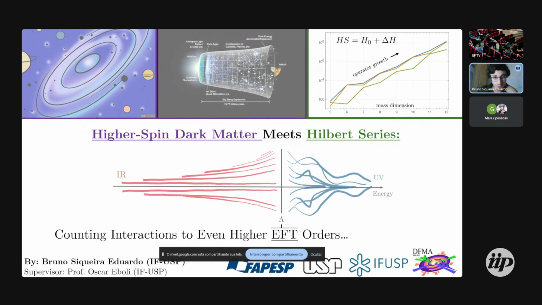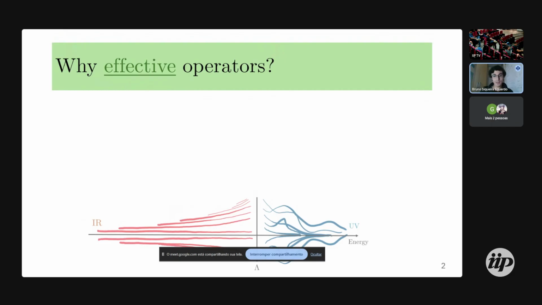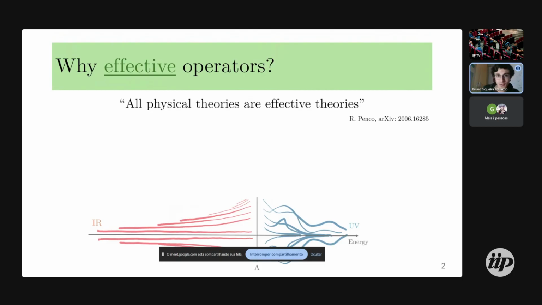So why should we care about effective operators? Why are they called effective? Because all physical theories, in some sense, are effective field theories. Before, for example, constructing a Lagrangian for a theory, we have to choose which degrees of freedom we are going to neglect and which we are going to really consider to do the physics.